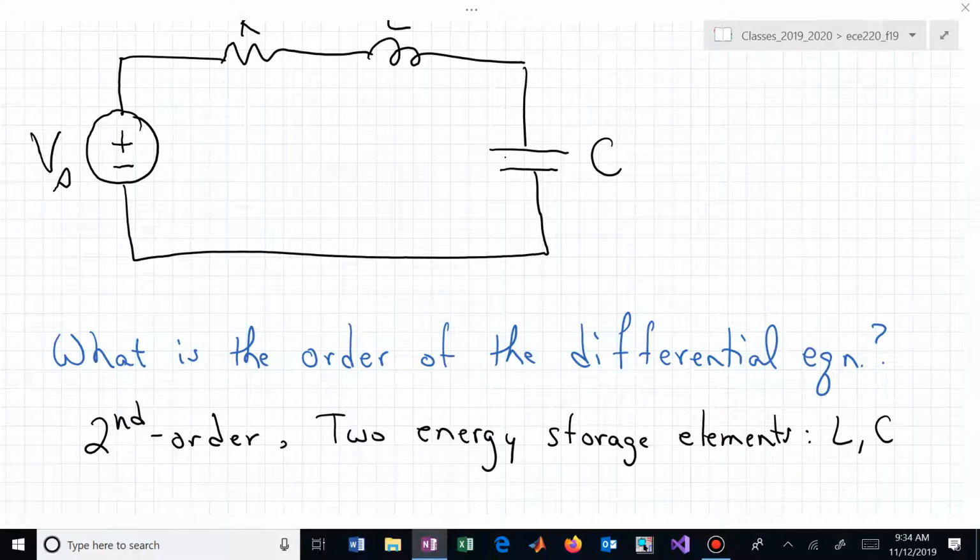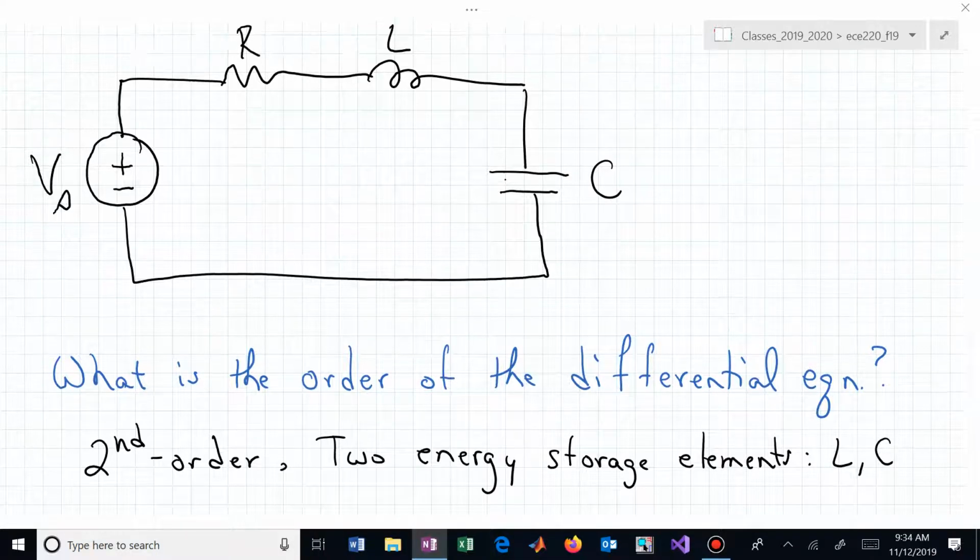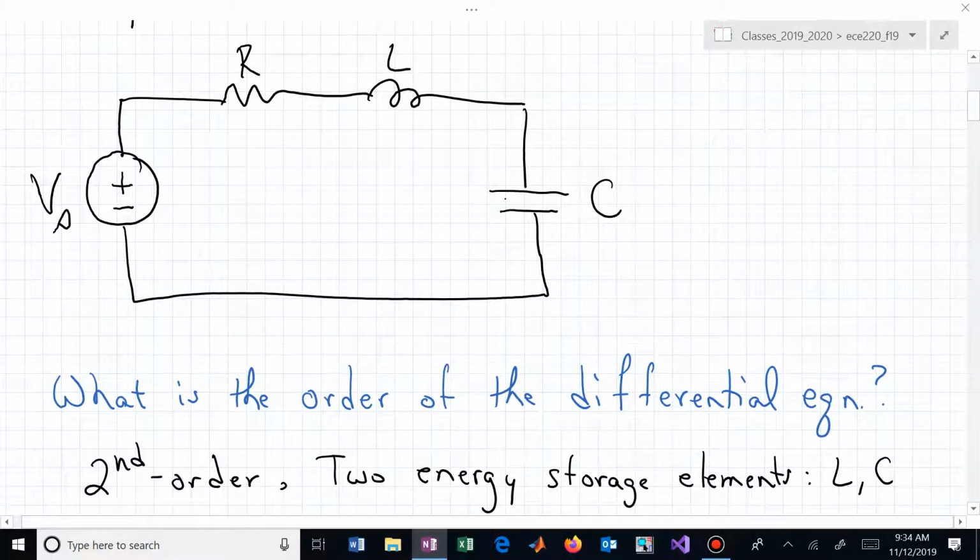What variables do we want to focus on? If we're now trying to find governing equations that govern the dynamics of this circuit, what variables are we sort of clued in to thinking we need to be focusing on when we're writing these equations?